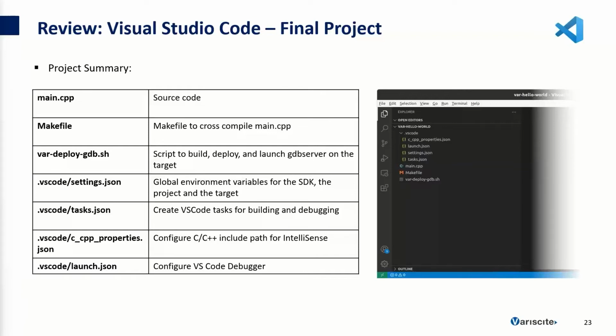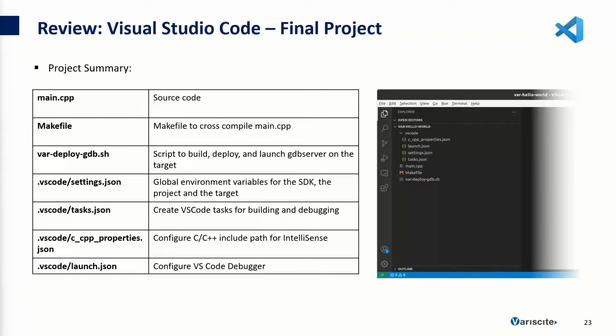And then we created 4 VS Code configuration files. We created settings.json, which allows us to set up global environment variables for the SDK and project. We created tasks.json. Tasks.json allows us to override VS Code's built-in tasks for compiling, building, and debugging the project.